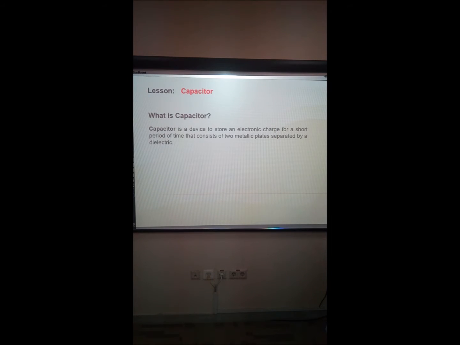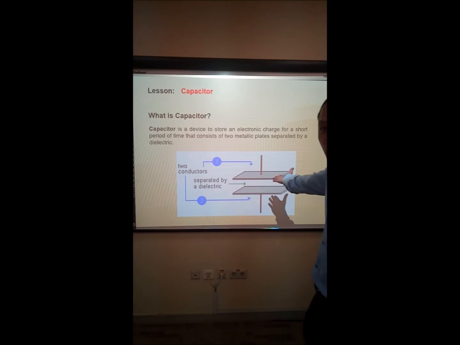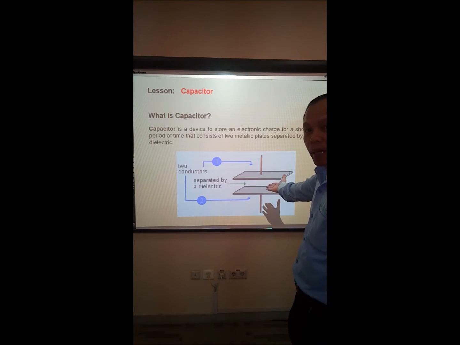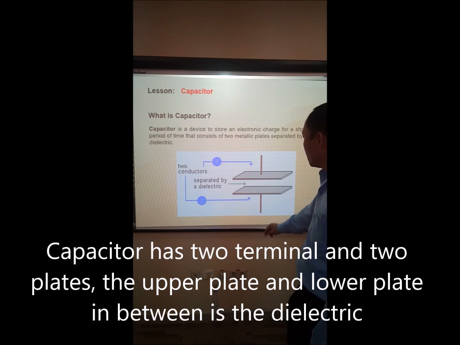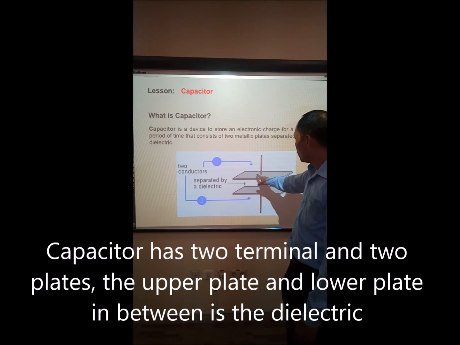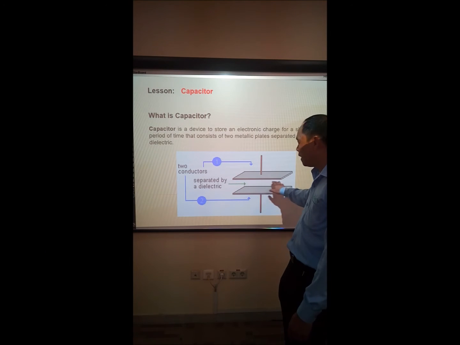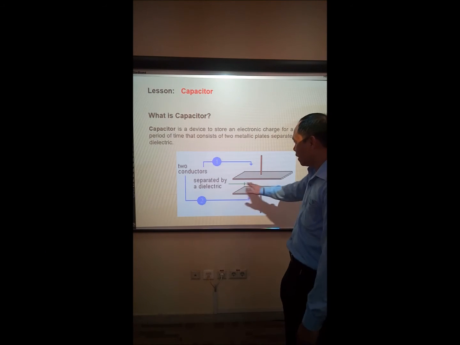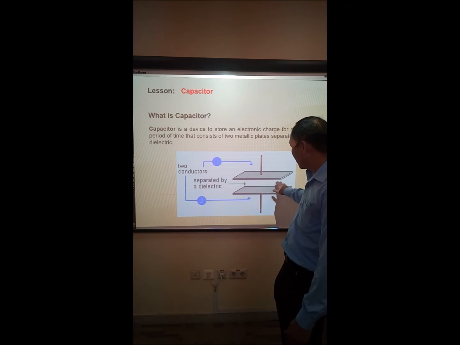Now, I have here a picture of the capacitor. This is a symbol. So, this is the two plates separated by a dielectric. So this is the dielectric here.